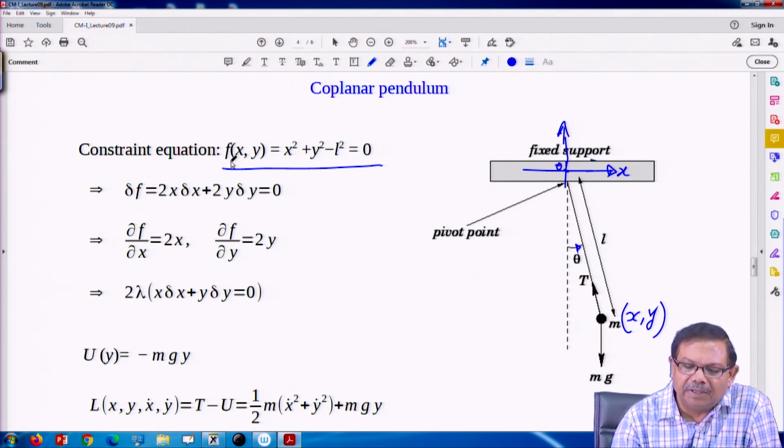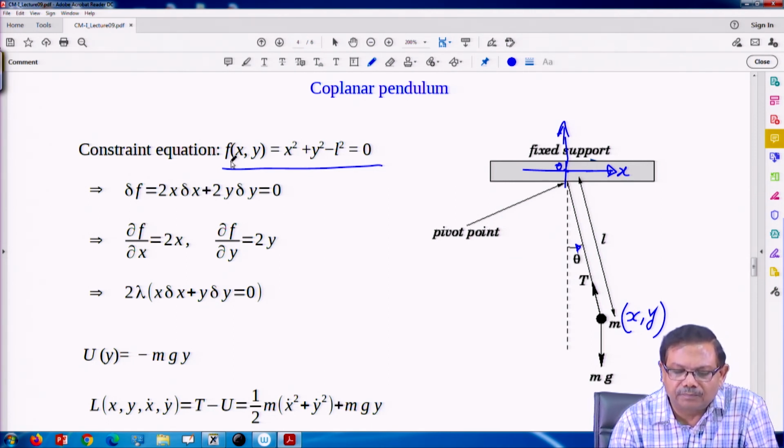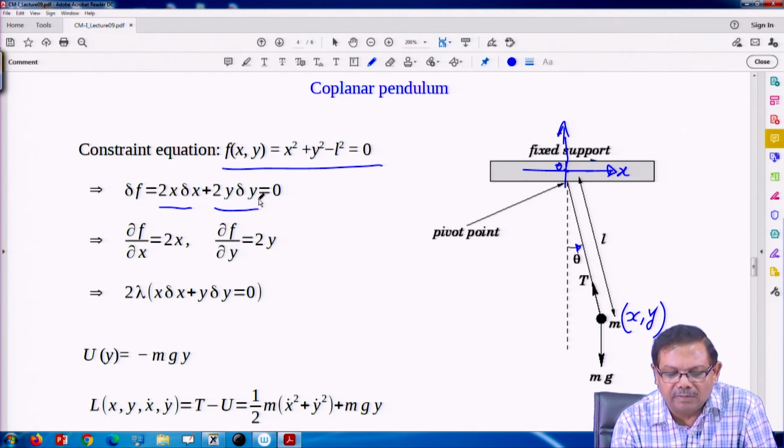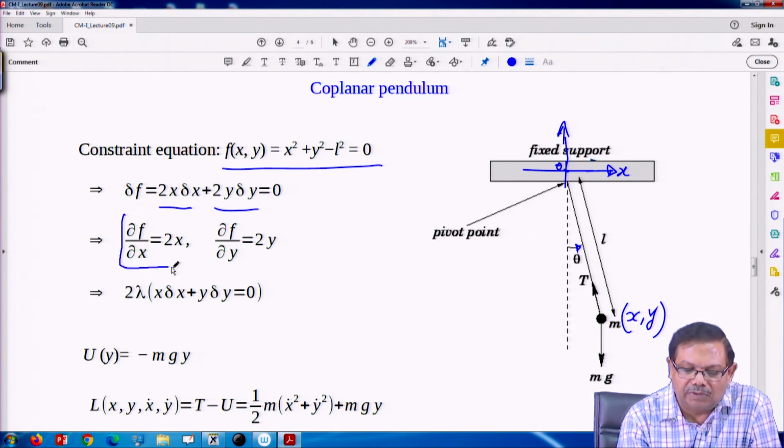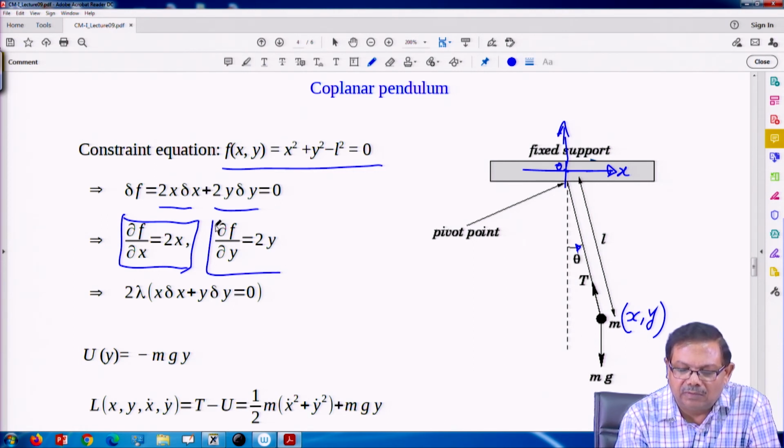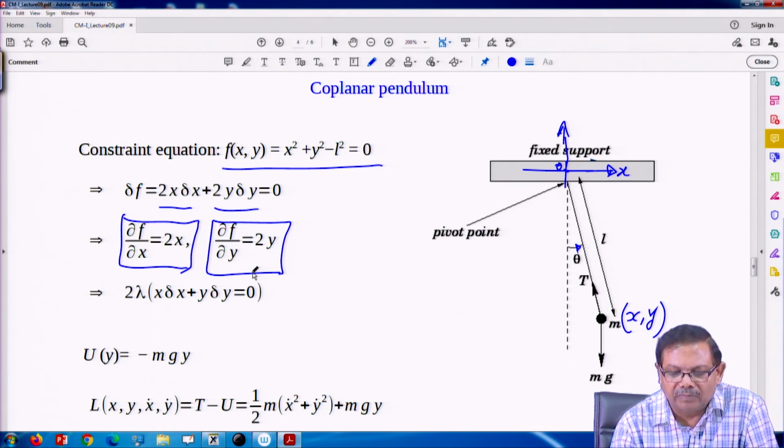So, if we take the variation in f, then I have to take the variation of f with respect to x, that means the partial derivative with respect to x, that is 2 x times delta x and 2 y delta y. So, dou f dou x is 2 x, dou f dou y is 2 y.